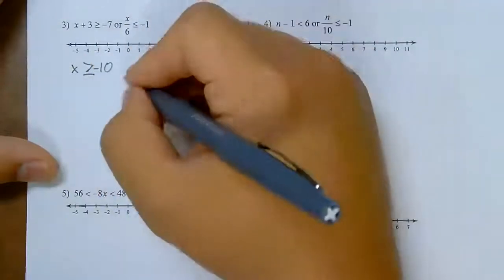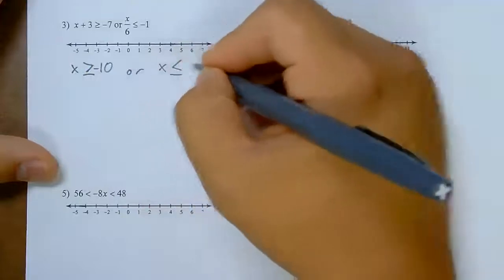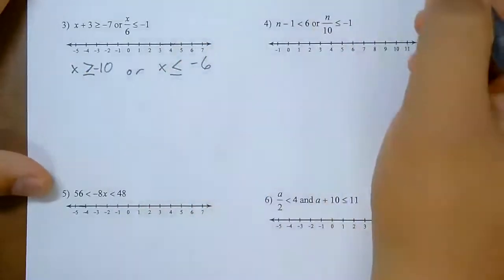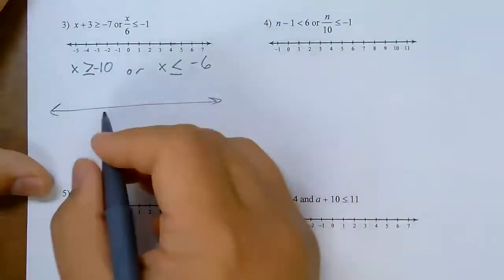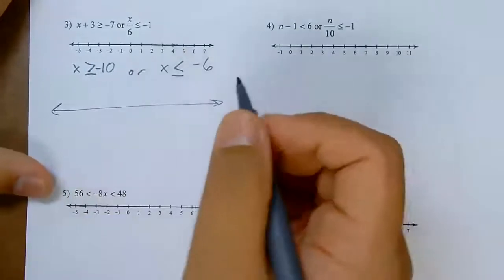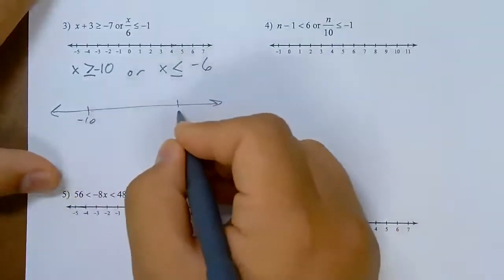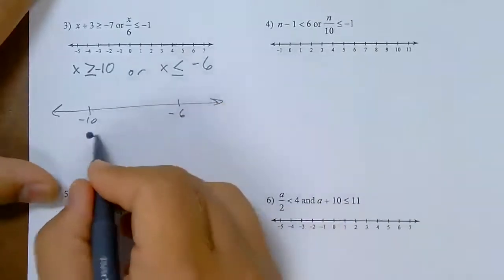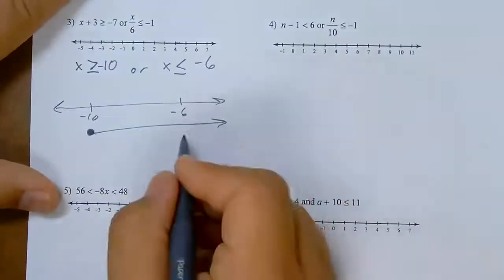Sorry, -10. Or x is less than or equal to -6. Okay, so if we do a quick look at some overlapping inequalities, greater than or equal to -10, less than or equal to -6. Well, one inequality starts low and goes to the right.